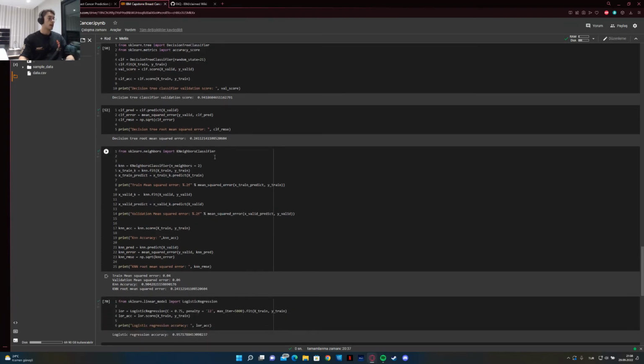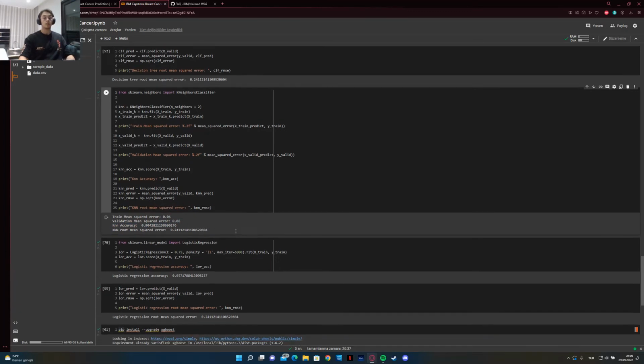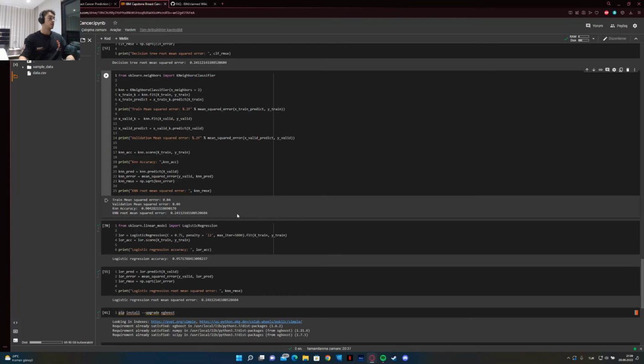I used the KNN, K-neighbors classifier. You can see all of the hyperparameters I gave. The mean squared error is there, and if you look at the KNN accuracy, 0.9 is less than the decision tree.